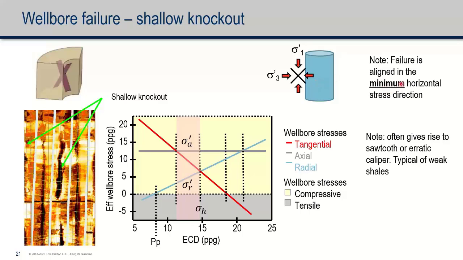This failure is also aligned in the minimum horizontal stress direction, and it gives rise to a caliper that goes back and forth, which is typically the bad hole that we see in weak shales. In the image, it might look like a narrow breakout, but it's often a narrower failure, and it's occurring in the same azimuth as the breakout, which occurred here.